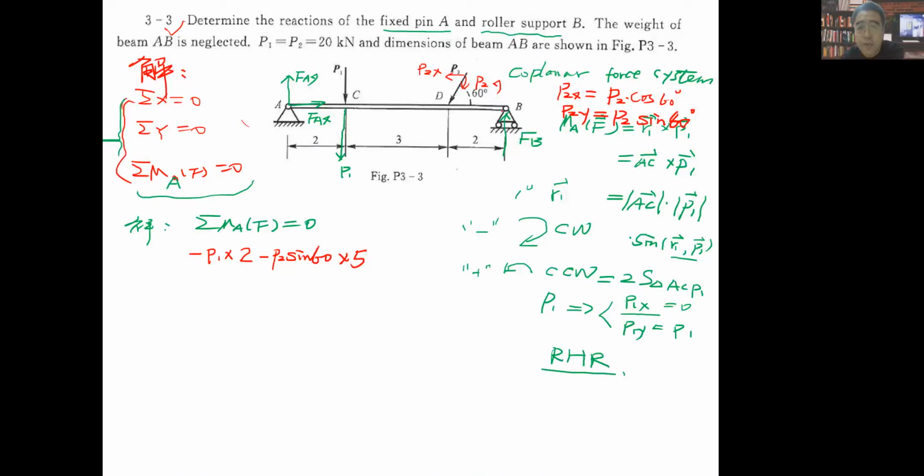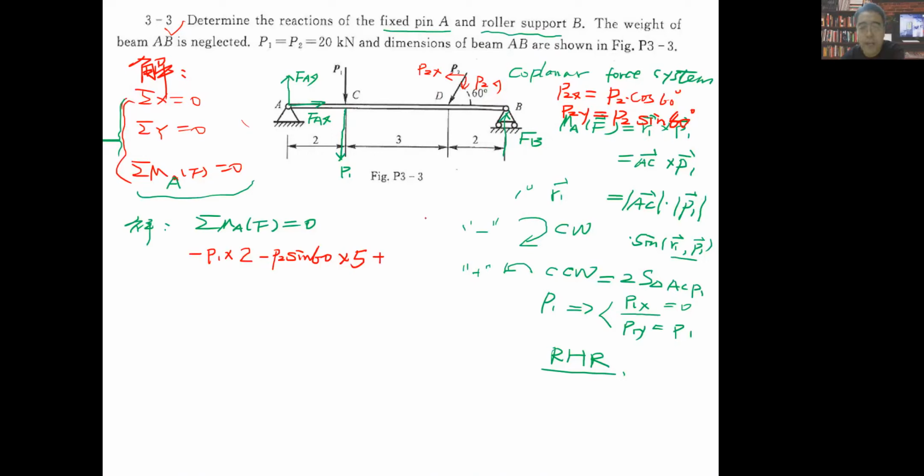Then we only need to consider this FB. It's very easy. You can find that FB's direction is opposite from P2Y and P1. So this force's moment to point A is along the CCW direction, which should give a positive sign.